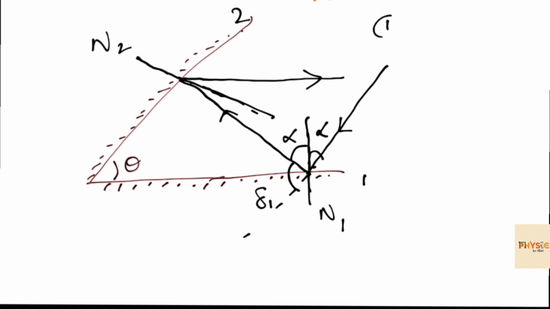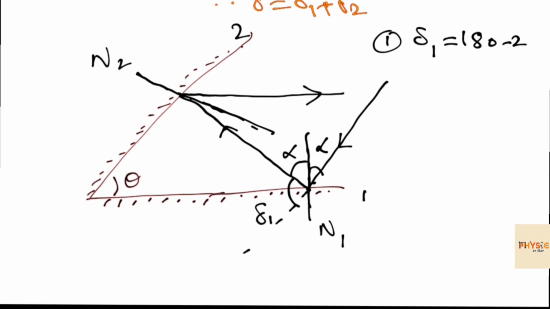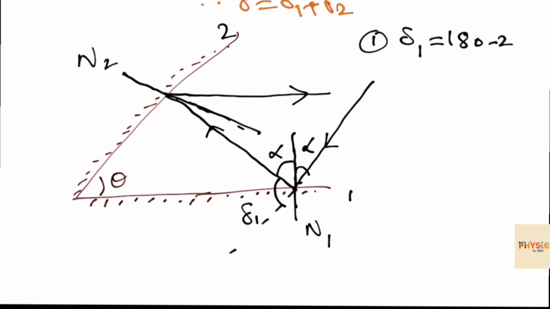Then for the first mirror, the deviation angle is 180 minus 2 alpha. For the second mirror, what is the angle of incidence? Theta is the inclination angle between the mirrors, and with the normal this is 90 minus alpha.